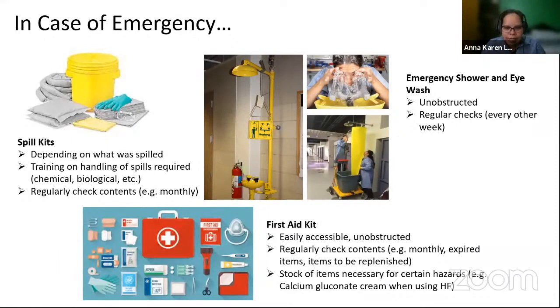HF can easily get absorbed in your skin, and I think it can actually corrode your bone. It can really spread in the body, so it's important that you are able to complex it or contain it immediately, and they make use of this calcium gluconate cream to do that.